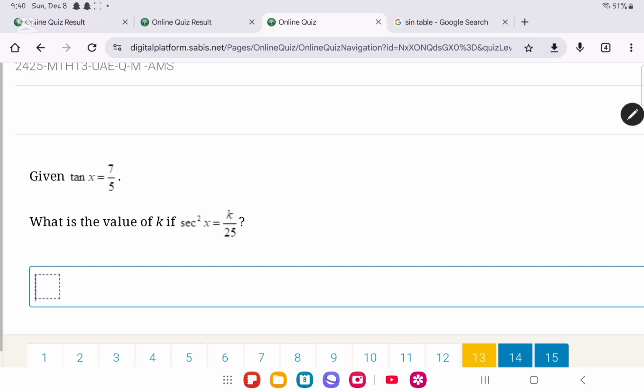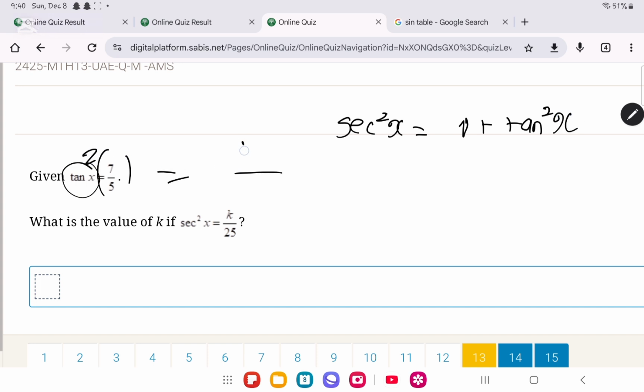Okay, tangent x is equal to 7 over 5. What is the value of k if secant squared x is equal to k over 25? What we need to know is that secant squared x is equal to 1 plus tangent squared x. We have tangent x, we're supposed to square it, and here we are going to get 49 over 25. Now we need the secant squared x, so that becomes 1 plus tangent squared x.